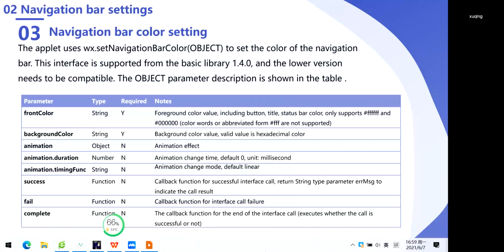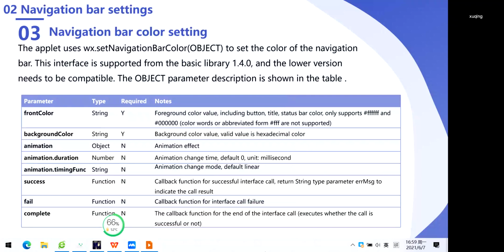After setting the navigation bar loading animation, we'll see the navigation bar color. For navigation bar color setting, this applet uses the wx.setNavigationBarColor object to set the color of the navigation bar. You see this interface is supported from basic library 1.4 and the lower version needs to be compatible.